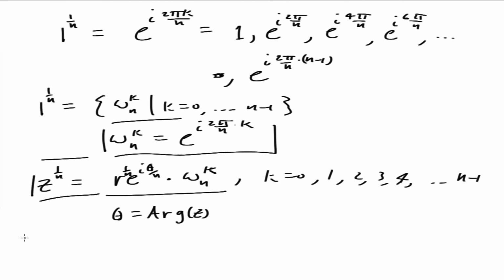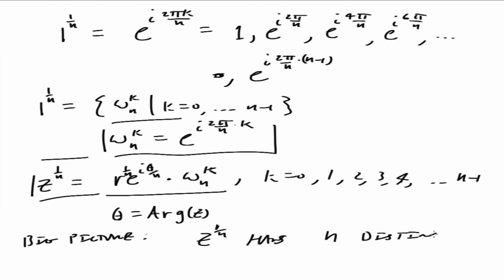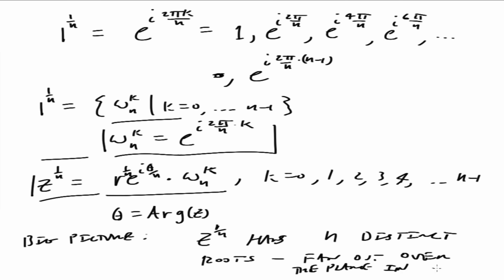But the big picture here is that z to the 1 over n has n distinct roots, and they fan out over the plane in 2 pi over n increments.